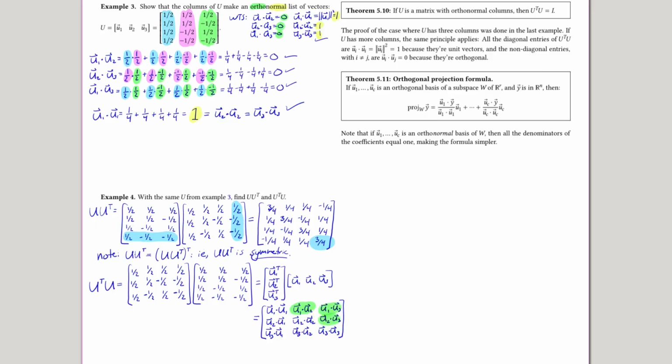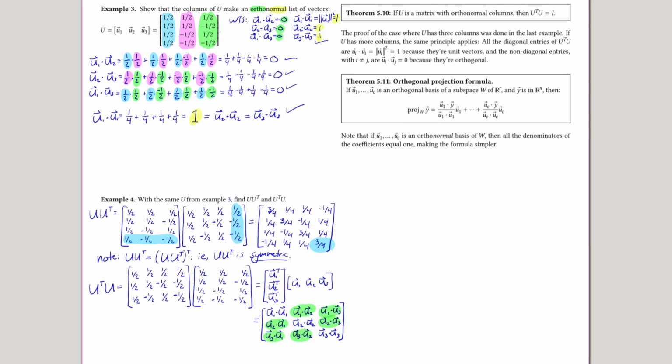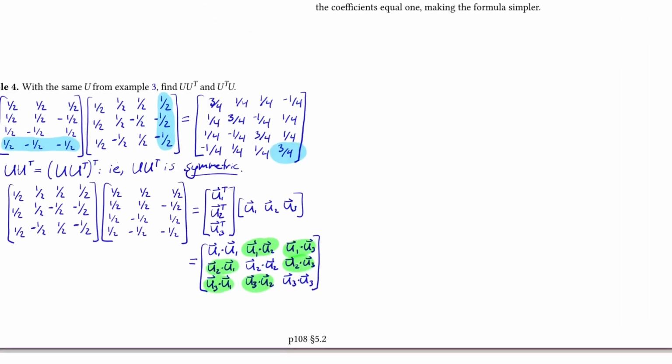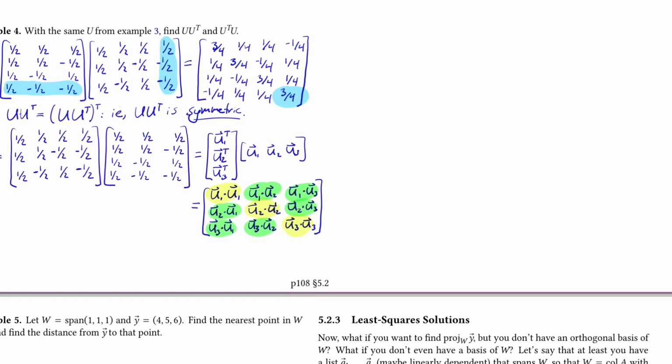But dot products are commutative, so u1 dot u2 is the same as u2 dot u1, so these ones should also be 0. And then what else did we find? That because they're normal vectors, length 1, all of their dot products with themselves are equal to 1. So u1 dot u1 is just the length of 1 squared, which is 1, same with u2 dot u2, and u3 dot u3.